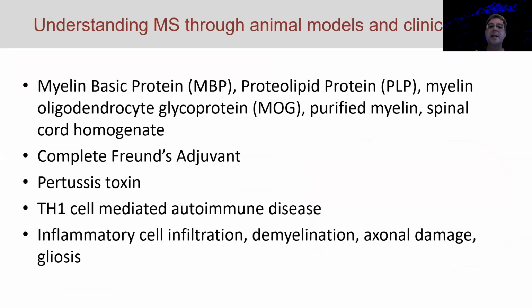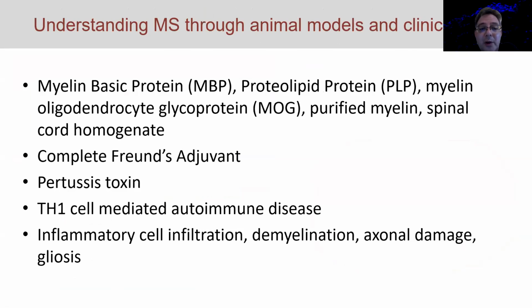So understanding MS through animal models has been extremely useful, and of course it has produced a lot of those drugs, as I mentioned before, going into clinical trials. So the autoantigens that can be present on the myelin include integral myelin proteins such as myelin basic protein, proteolipid protein.